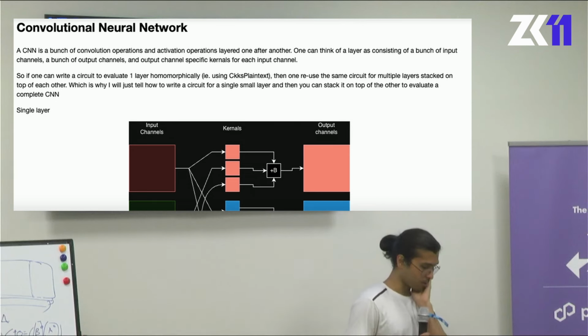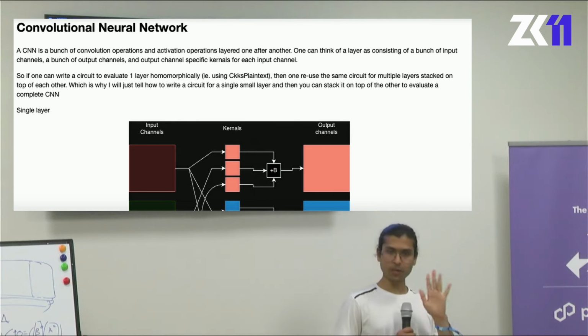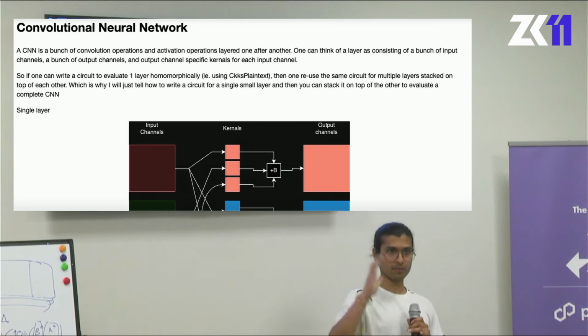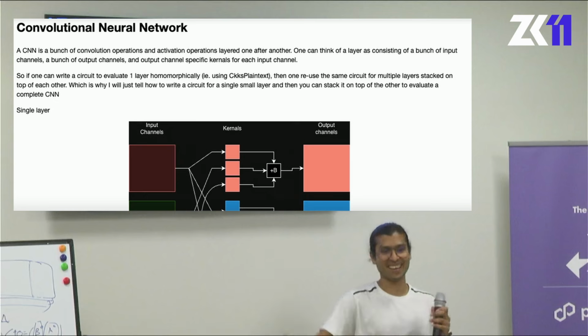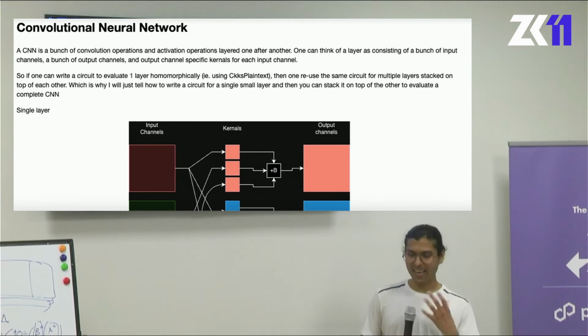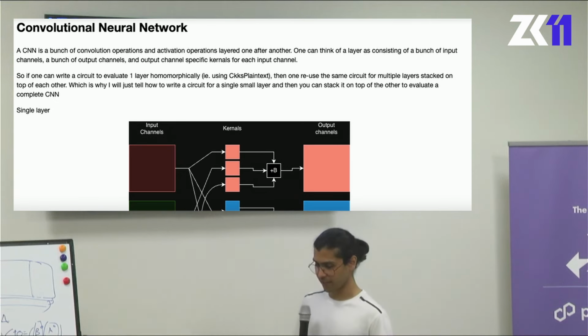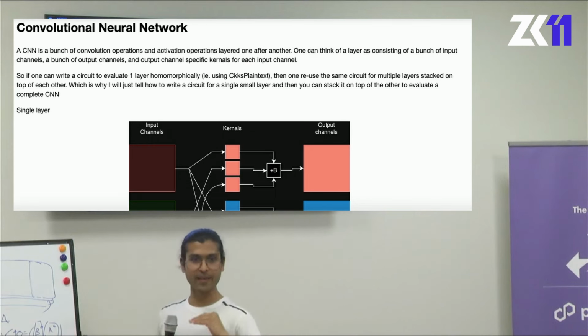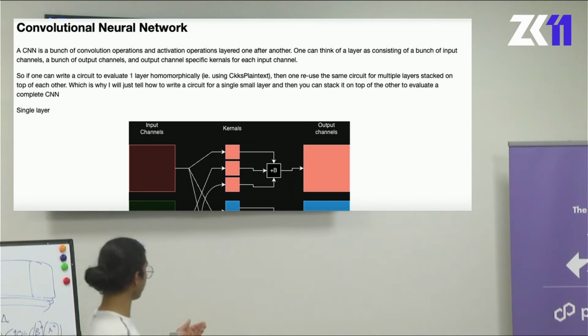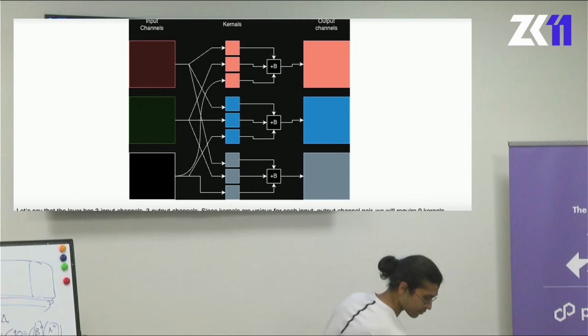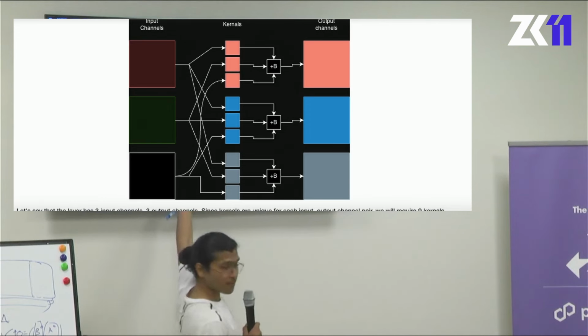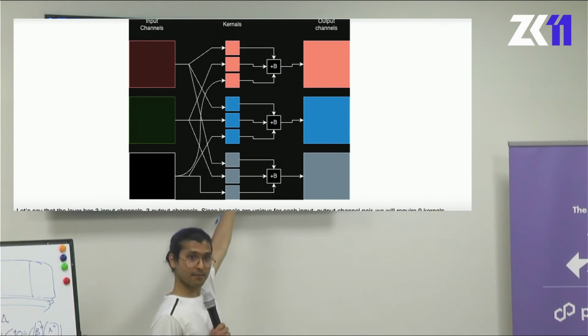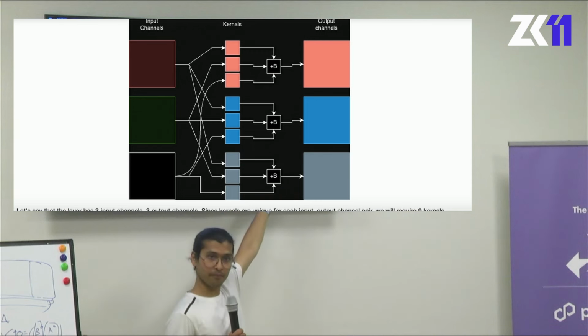So okay, what is a CNN? The way I like to think about a CNN is that it contains a bunch of convolutional layers. A single convolutional layer is something like this. You've got input channels, you've got kernels, you've got output channels.